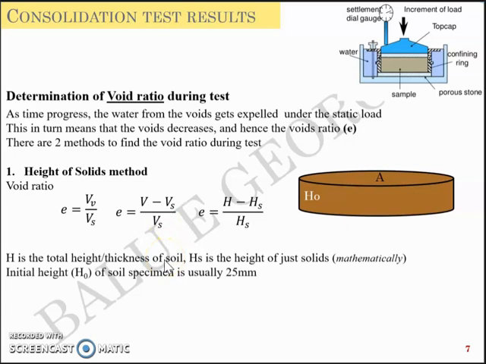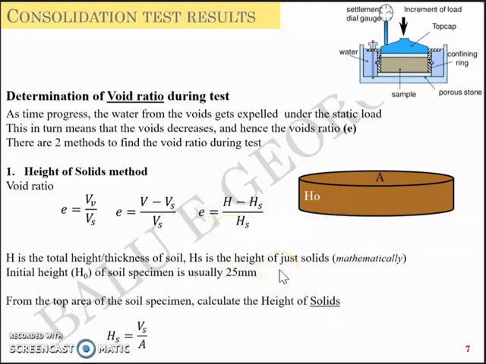Initial height H0 of the soil specimen is usually 25 millimeters, or 2.5 centimeters, which is the usual height of the clay sample that you keep in the odometer. And from the top area of the soil specimen, you can calculate the height of solids as Hs equal to Vs by A, equal to Ms by rho s into 1 by A. Height of solids is volume of solids by area.